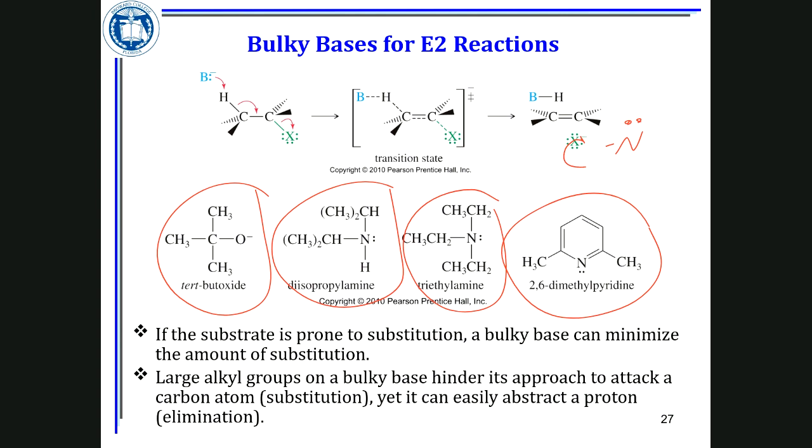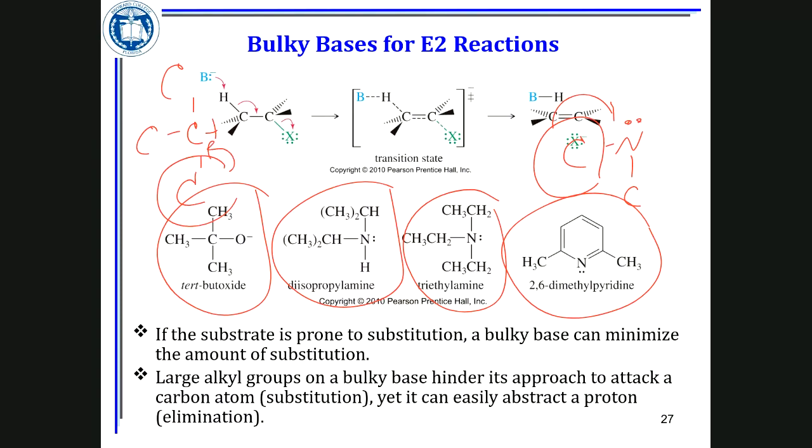The alkyl groups that you have around the nitrogen are electron donors. That's why a tertiary carbon is going to be more stable than secondary, more stable than primary, because these groups are giving electrons.